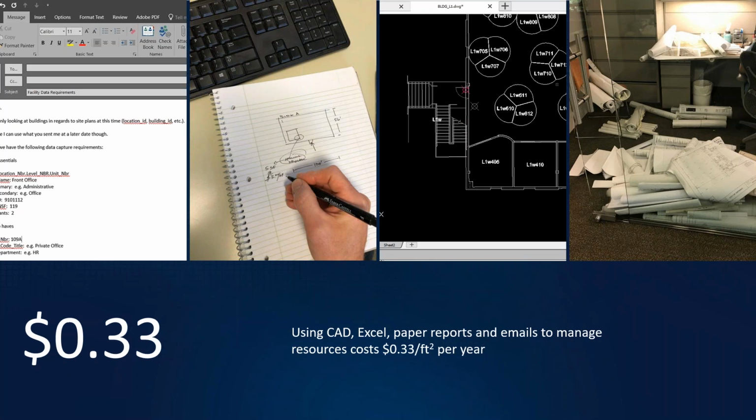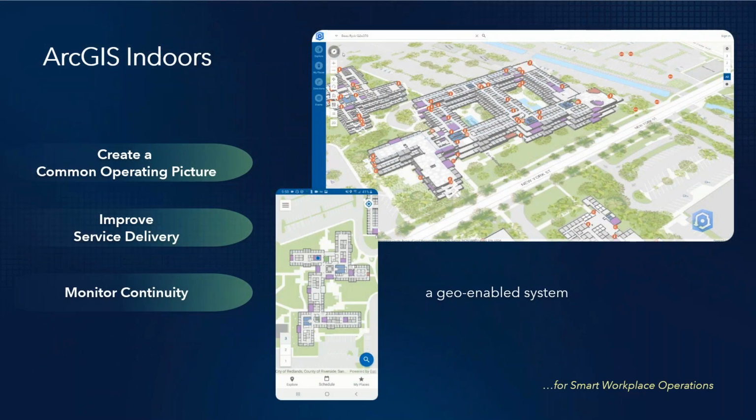So anything we can do to optimize this process of understanding and then acting in order to better manage and allocate these resources across the workplace is going to be extremely helpful to these organizations. Now, that's why we've built ArcGIS Indoors.